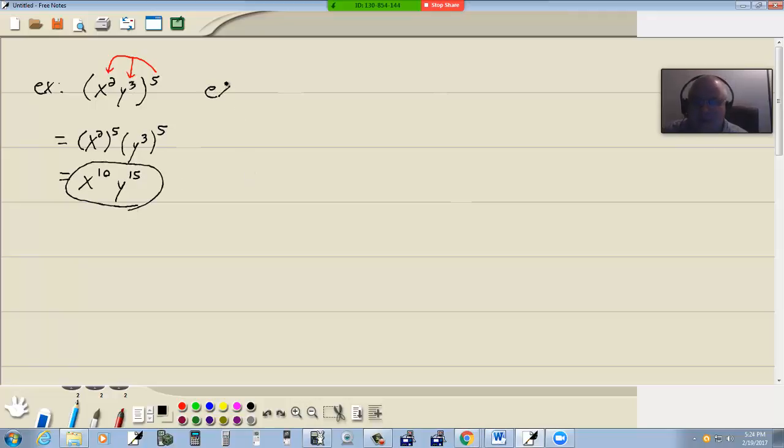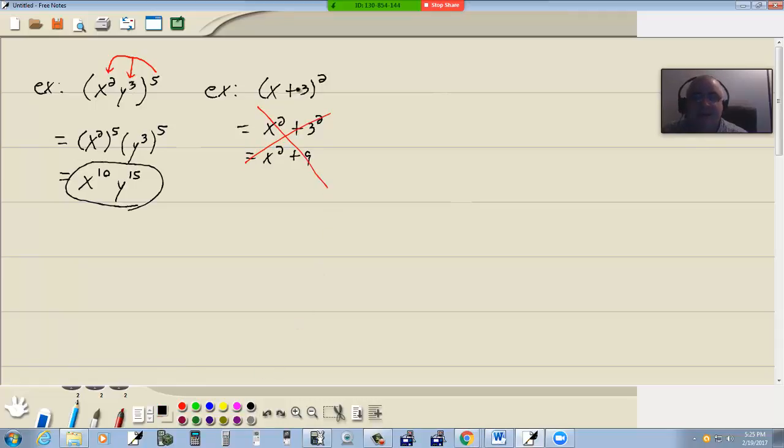A lot of people don't know when to use this. This is a common mistake people make in algebra. They'll see this right here, and they'll rewrite it as x to the 2nd power and 3 to the 2nd power, and they get x squared plus 9. That is not correct.